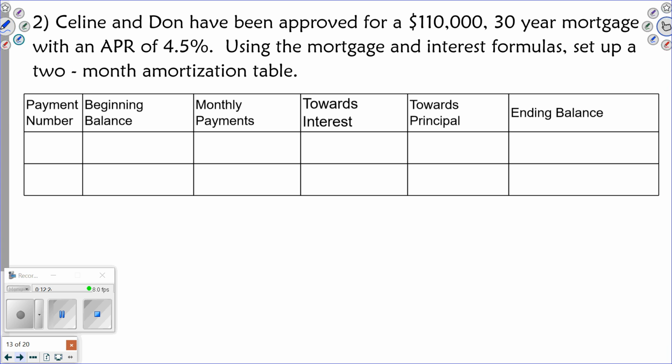I'll show you. Sorry, I have to draw on your tables. Can you abbreviate some of this stuff? For me, beginning balance, I abbreviate on the back of your sheet as BB. This would be monthly payments, MP. I might just use I and P for interest and principal, and then ending balance.